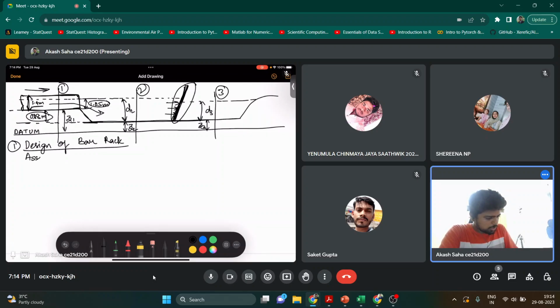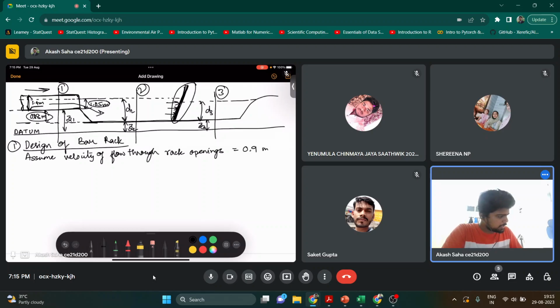So assume velocity of flow through rack openings is equal to 0.9 meter per second. So we are basically just assuming this range can be 0.6 to 1.2 meter per second. So I am assuming it to be 0.9 meter per second.